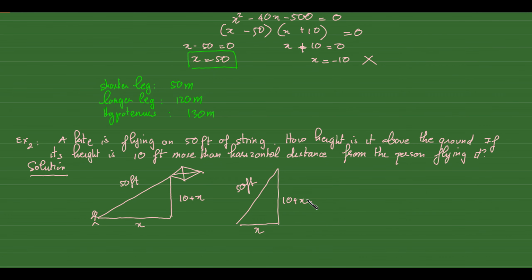Okay, so in order to find the height, you need to find x, right? This is a right triangle, so we can set up the Pythagorean equation. x squared plus (10 plus x) squared equals 50 squared, right?